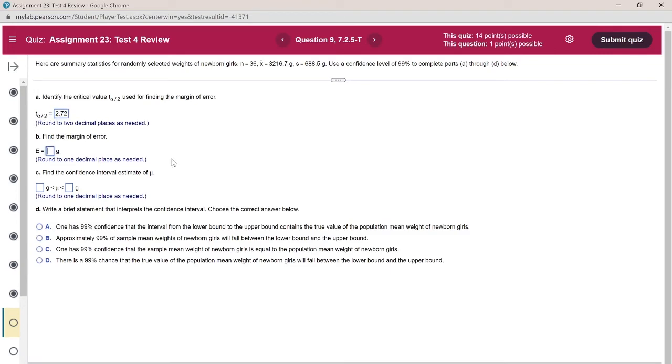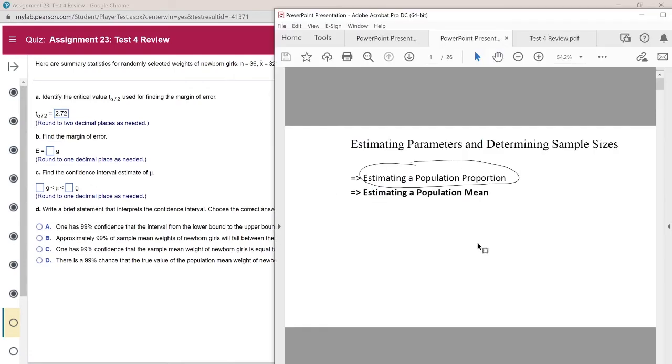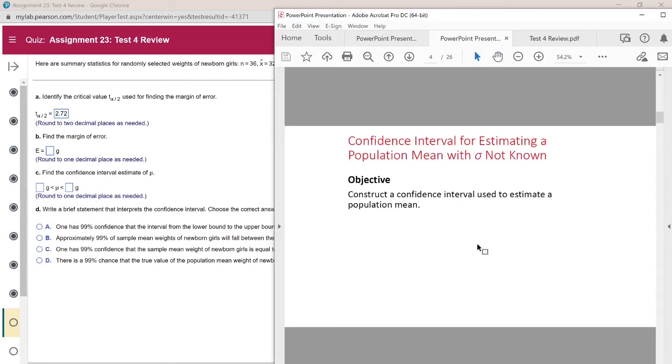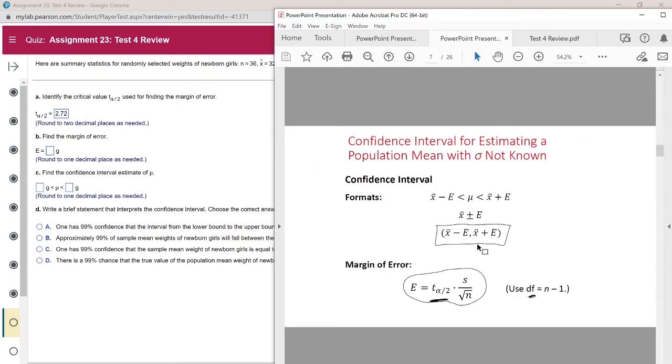And what is the margin of error? The margin of error can be found using our formula: t value times the sample standard deviation, divided by the square root of n.